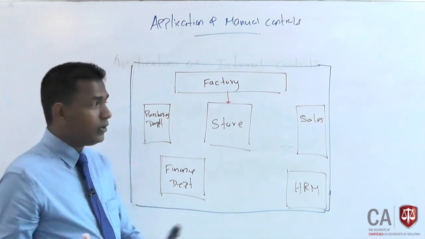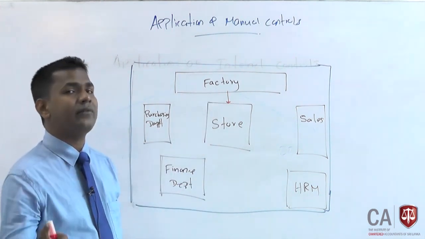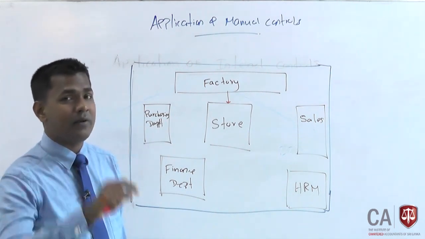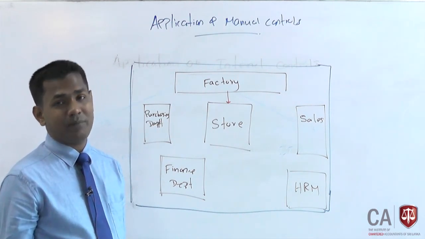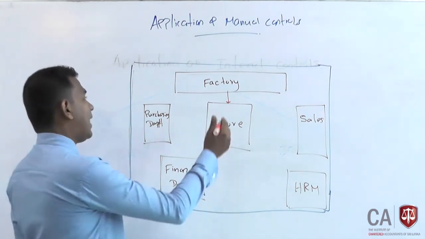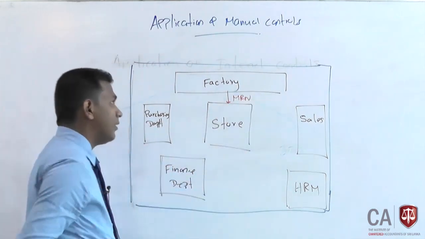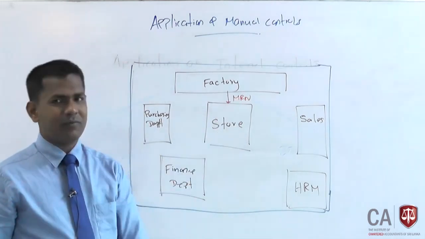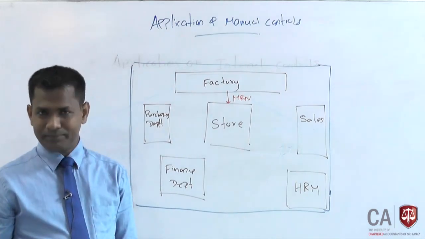The factory needs adequate documentation of what they have requested and what they are receiving. Otherwise, later there will be a problem in terms of financial reporting and business operation efficiency. Therefore, the factory raises a document called a material request note. We have learned this from A level, when the store is requesting goods.